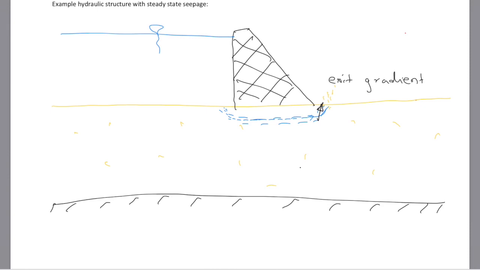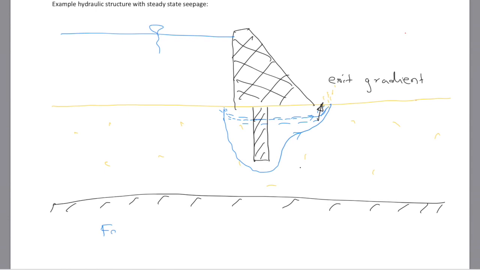And in order to do that, one way one can do is build some kind of a cutoff to prolong the path of water. So instead of going this way, the water will have to go around it, and that way the exit gradient will be reduced.